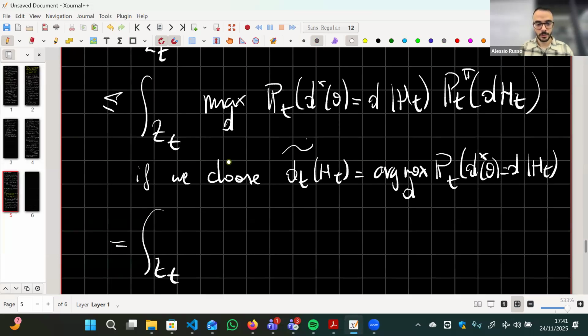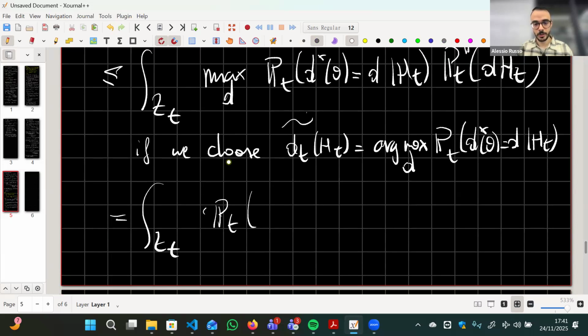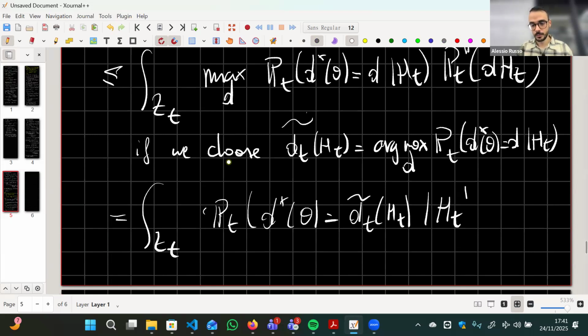This quantity here is simply equal to the probability measure at time t of the posterior, that d star theta is equal to d tilde of h_t. This is a measurable function given h_t, so we don't have any issue.